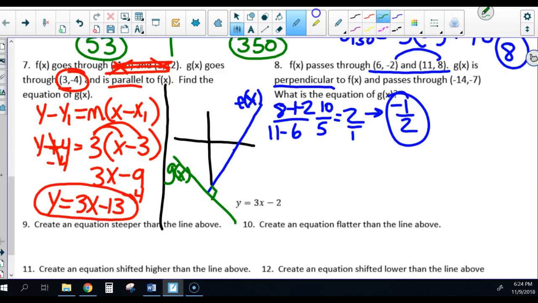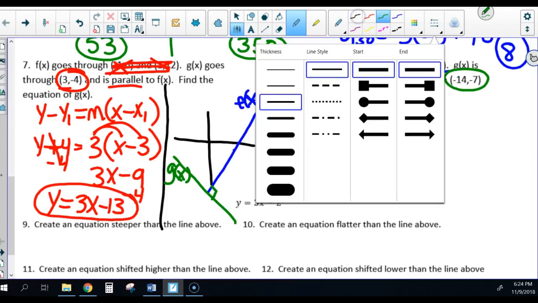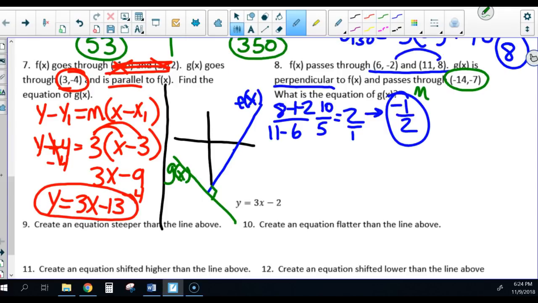I know my line has to have an m, a slope of negative 1/2, and go through negative 14, comma, negative 7. So, let's go skinnier. Mark's too fat. Point slope formula now. y minus negative 7 equals m times x minus negative 14.